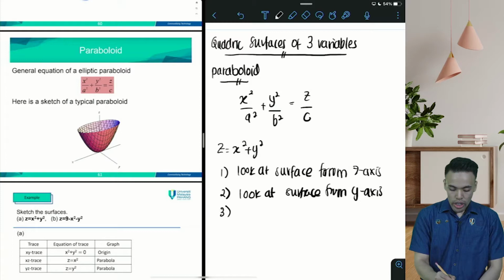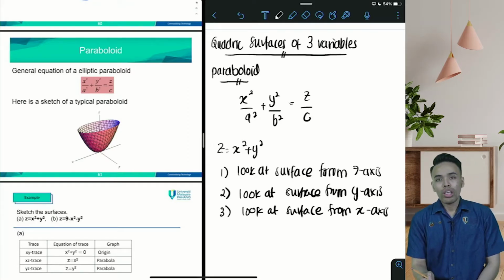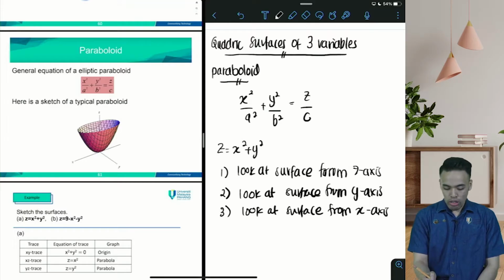And the third one is to look at your surface from the x-axis. When you look at your surface from the x-axis, you will map your surface from the three-dimensional coordinate system onto the yz plane in a two-dimensional coordinate system.